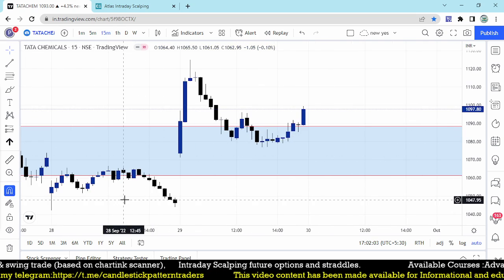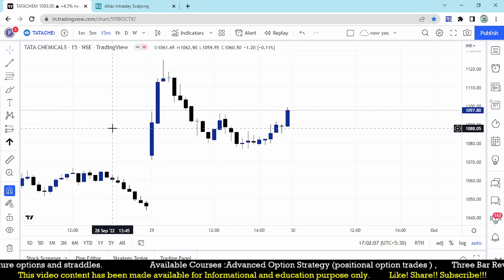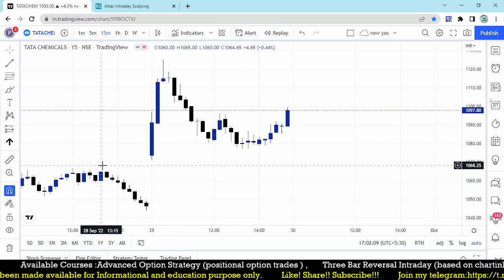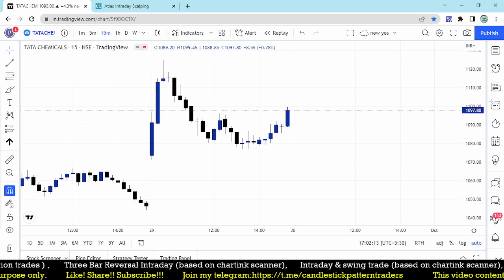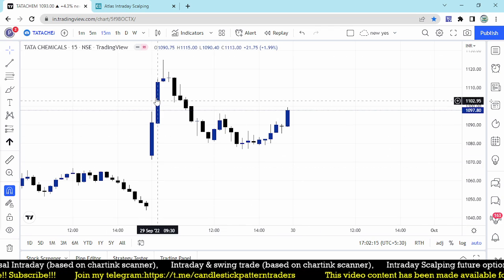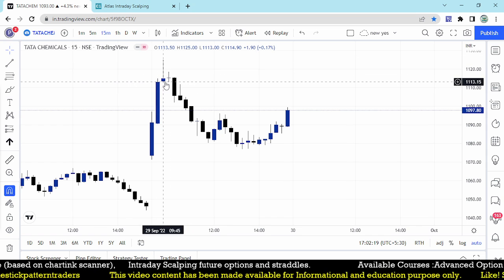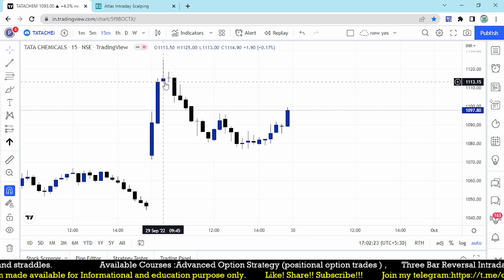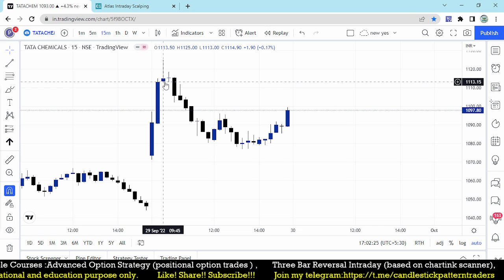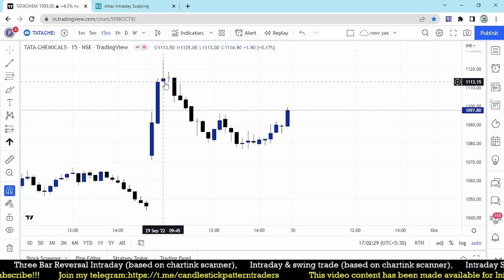So let's look at the same kind of thing which happened in Adani, the same thing which is present here. The first 15 minute candle, I am using the 15 minute time frame now, is green, but here the price got rejected hugely. Once the high and low, 1113 and 1125, somewhere around 12 rupees is our risk.